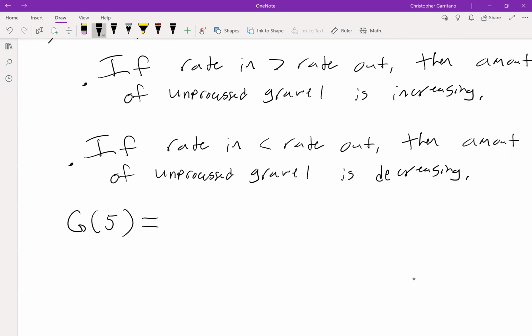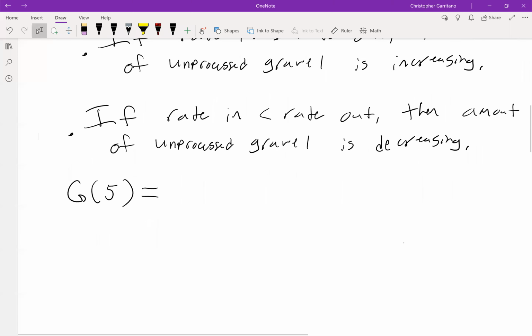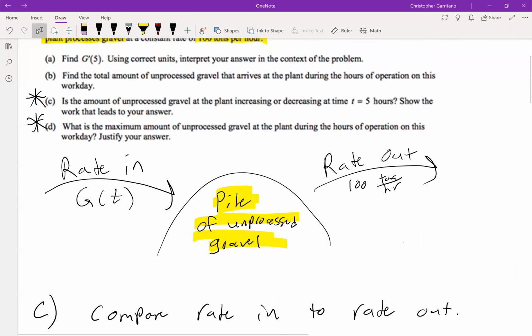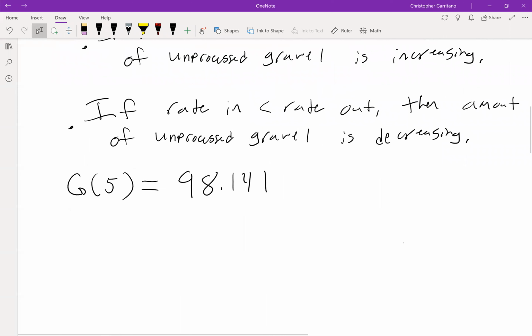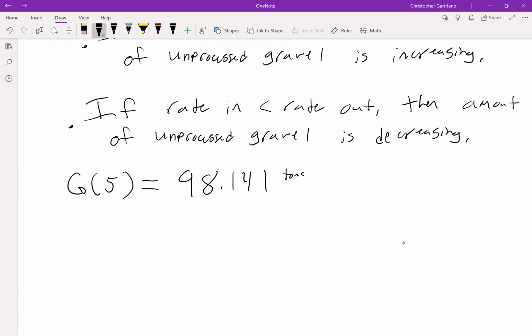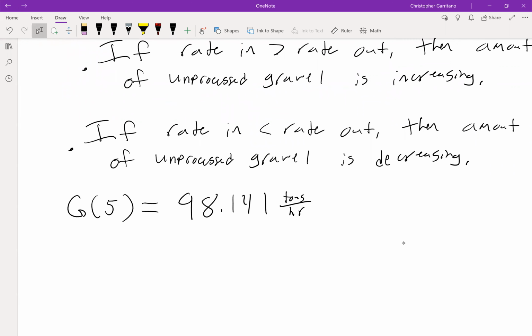Okay, as it turns out, the rate in at t equals 5 is 98.141, and the units are tons per hour. So at this exact instant, gravel is arriving at 98.141 tons per hour, whereas of course, the rate out is constant at 100 tons per hour.